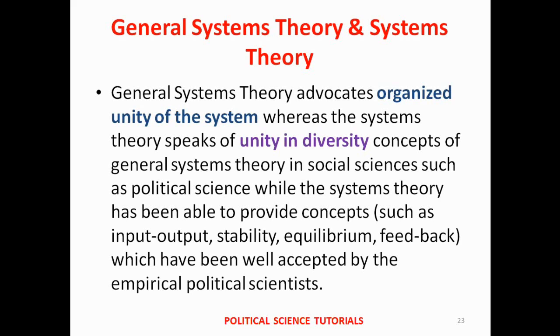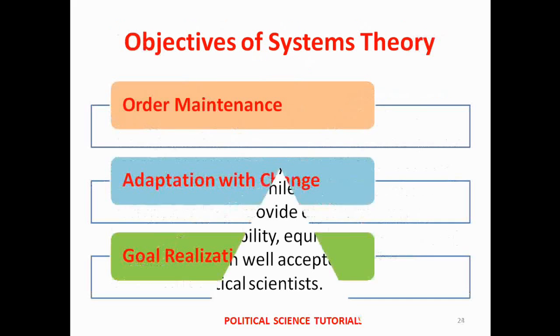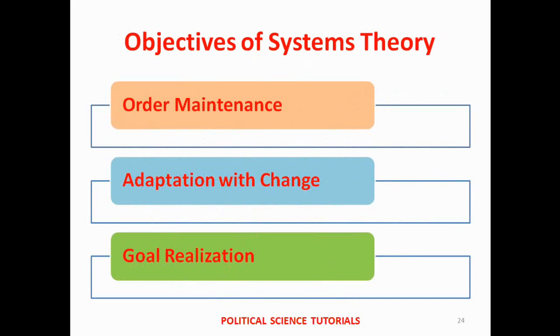Several concepts like input, output, stability and equilibrium, feedback and entropy have become well accepted terms at the hands of empirical political scientists who deal with the formation and working of political systems in open and closed societies or in advanced and developing countries of the world.